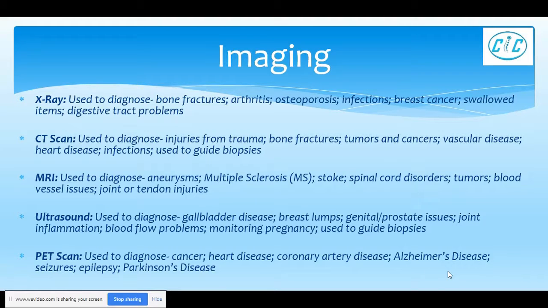CT scan is similar to X-ray, but it shows more detail and depth. Again, it tells us about bone fractures, and it also helps with different types of cancers in more detail. X-ray also does that, but not as detailed as the CT scan. It is also used for infections.